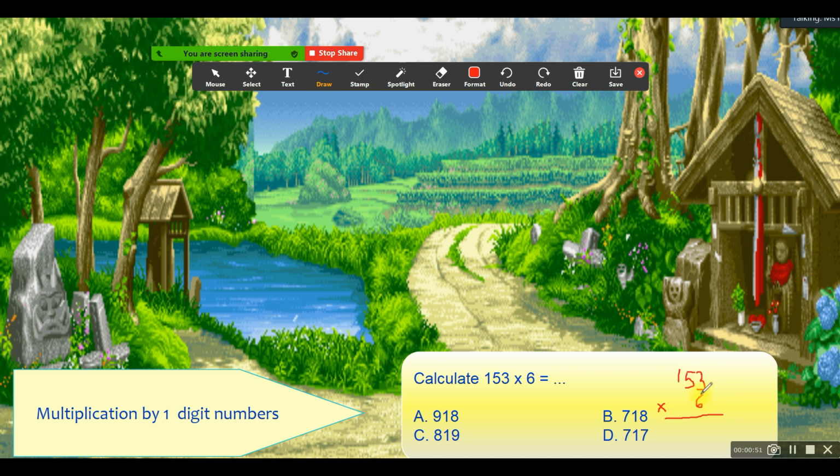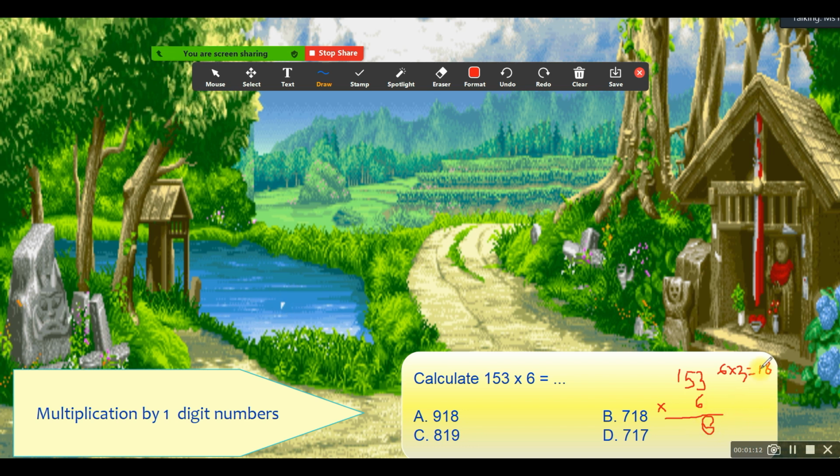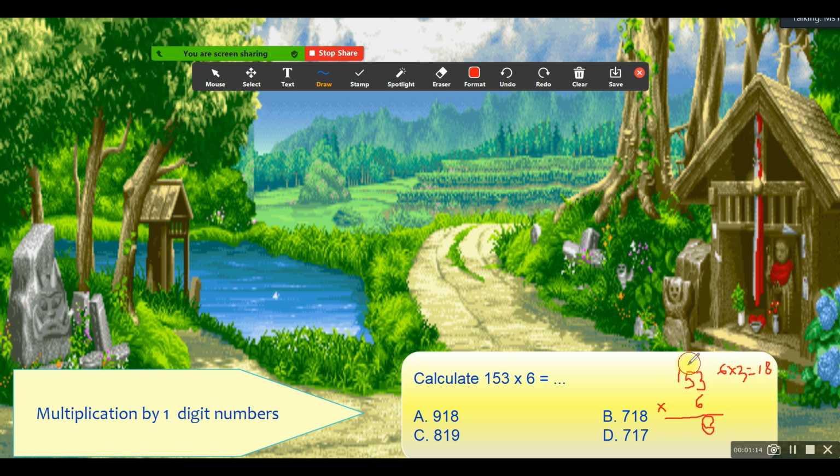Multiply 6 times 3, which becomes 18. So we can put 8 here, and then we can keep 1 here.